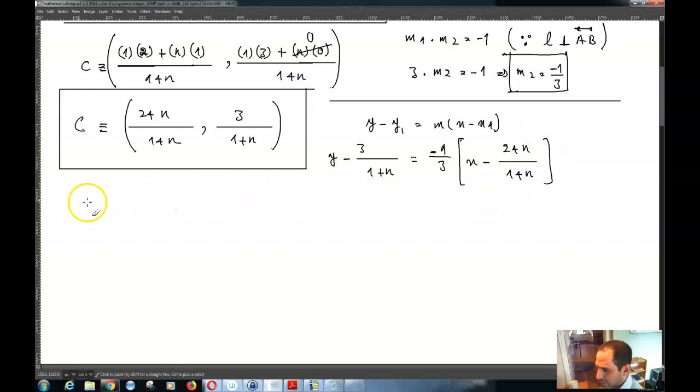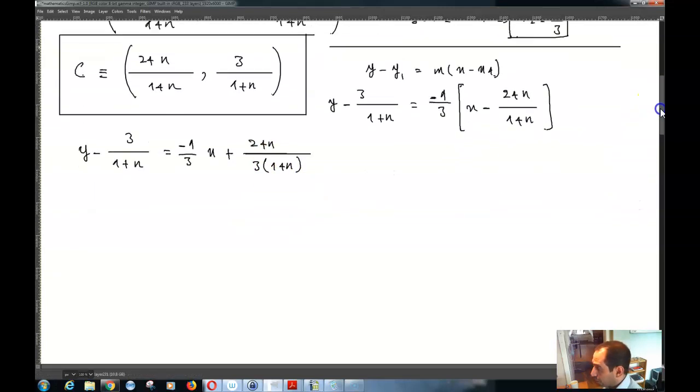So this is the same thing as y minus 3 over 1 plus n is equal to negative 1/3 x. Negative into negative is positive. So that's 2 plus n over 3 times 1 plus n.